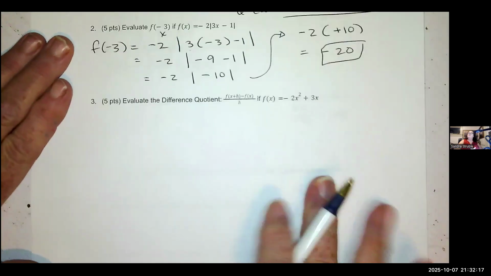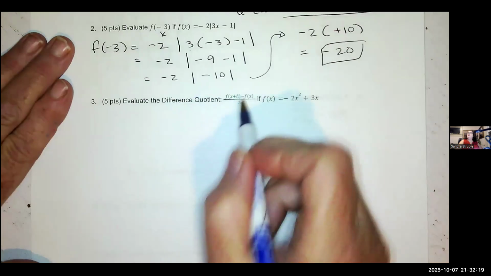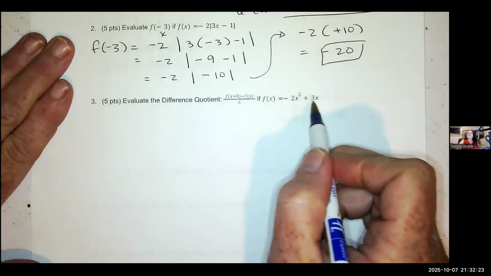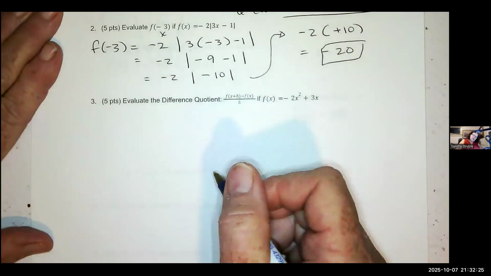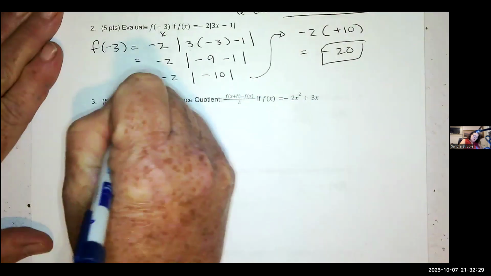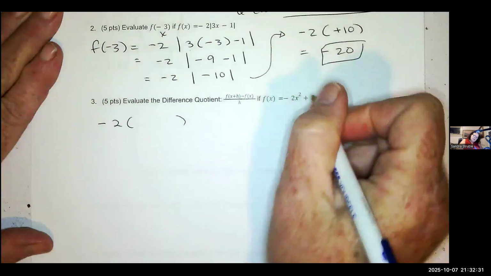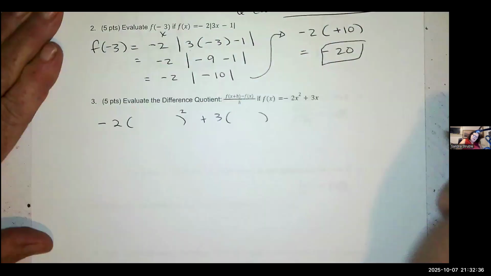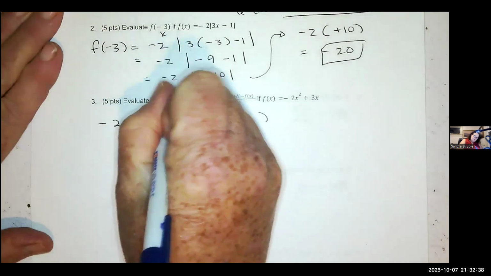All right, next one. Evaluate the difference quotient. I will be providing you the difference quotient on the exam. If f of x is -2x squared plus 3x, find the difference quotient. So we're going to have to start with the x plus h. So -2, everywhere there's an x, I leave a space, and I'm going to plug in x plus h.